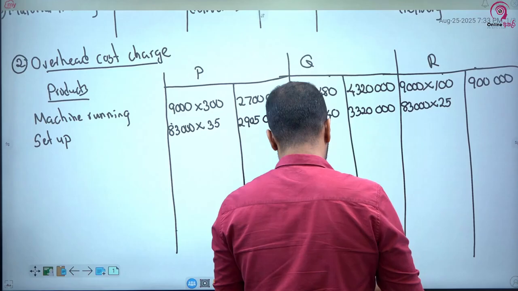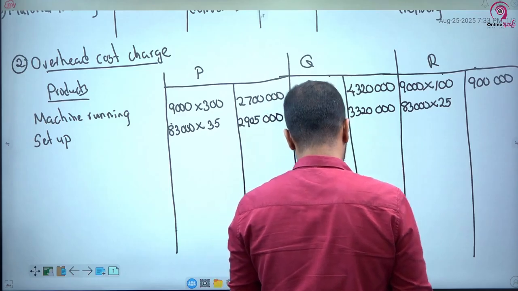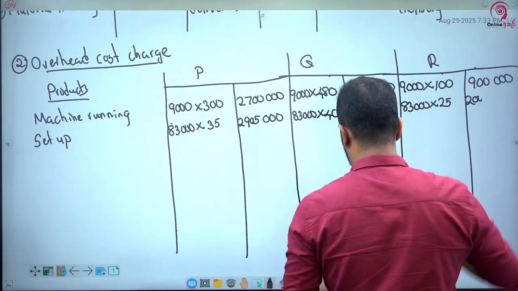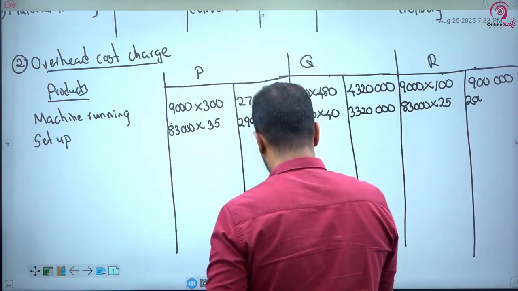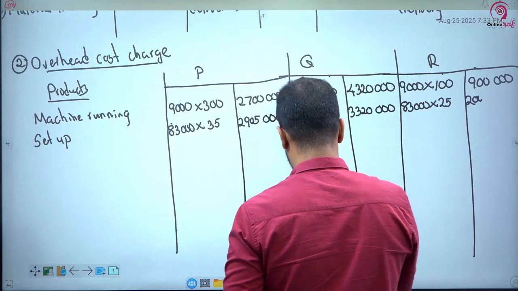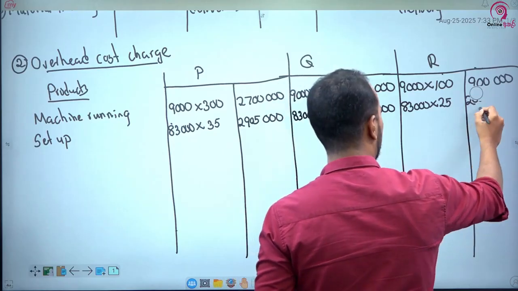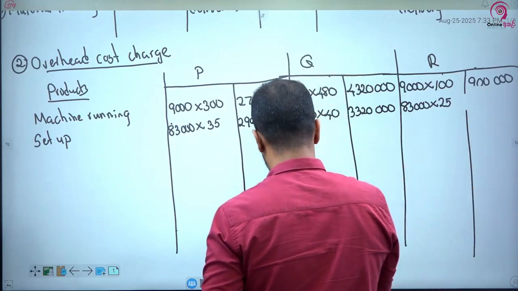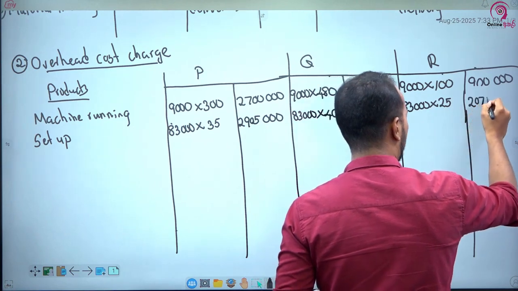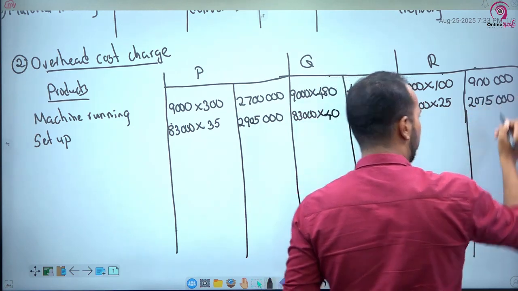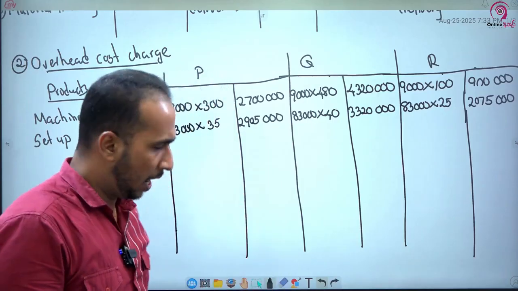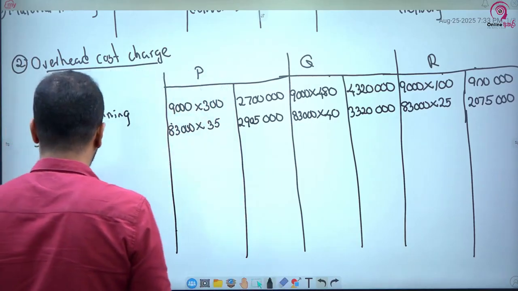So 83,000 multiplied by 25, it is 2,075,000.